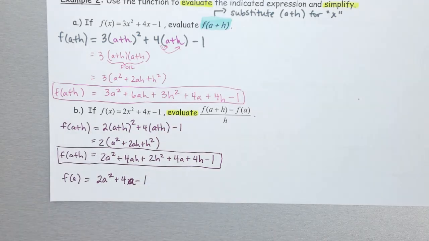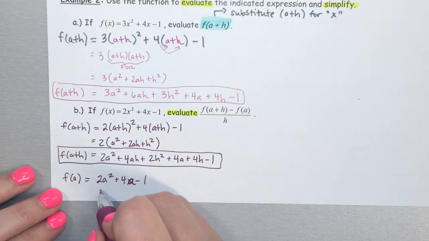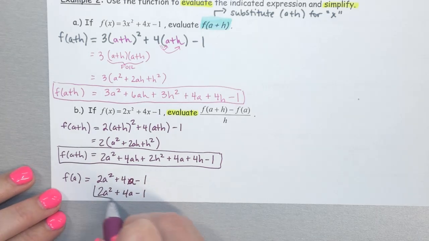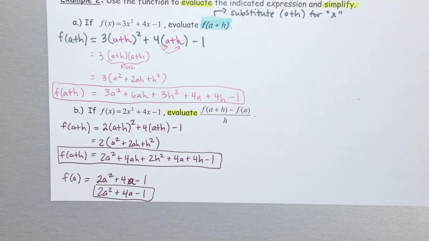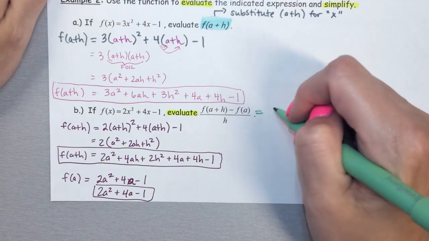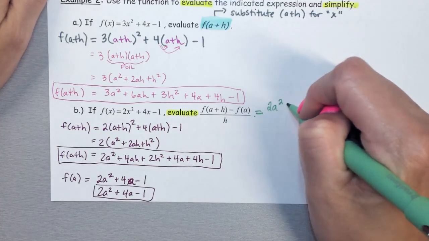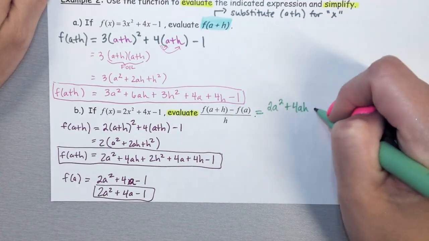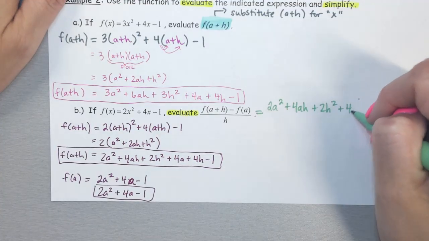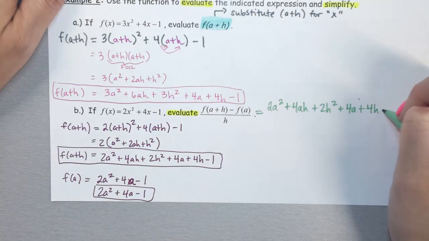Okay, and so when we plug that in, we want to make sure that we distribute the negative. Okay, so this is 2a squared plus 4ah plus 2h squared plus 4a plus 4h minus 1.